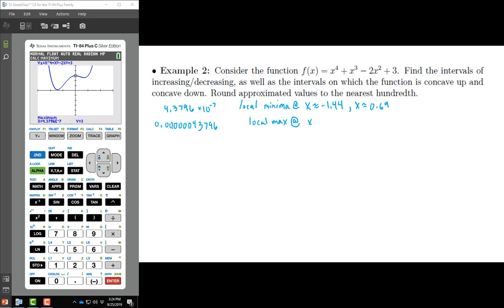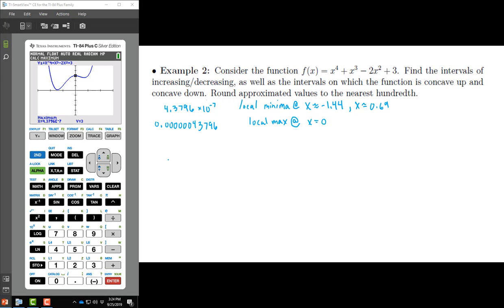And if we're rounding to the nearest hundredth, that rounds to 0. So we just say x equals 0 is our local max. With the understanding that we switch from increasing to decreasing at local maxes and from decreasing to increasing at local minima, these are the points that are really important.